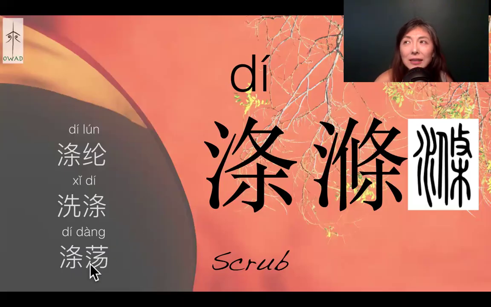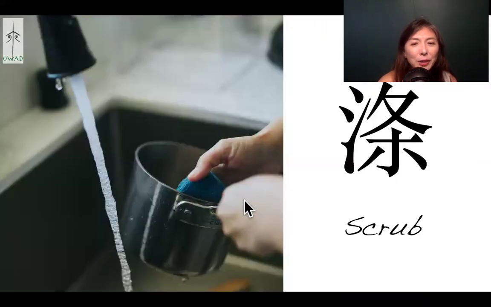So it's not just dishwashing. It could be washing your ideas, washing your thoughts, washing off your not so bright thinking. Okay, so here I'm showing the scrubbing, contemporary scrubbing and washing. So this is definitely 洗涤 and 涤.